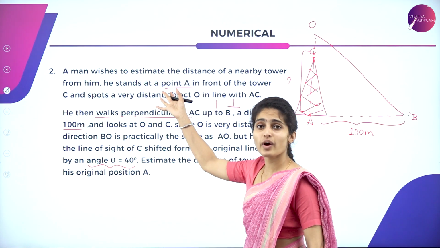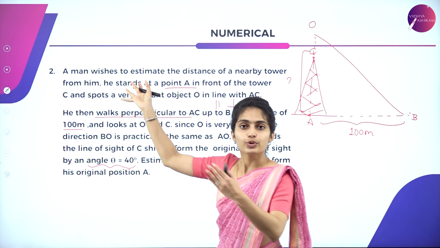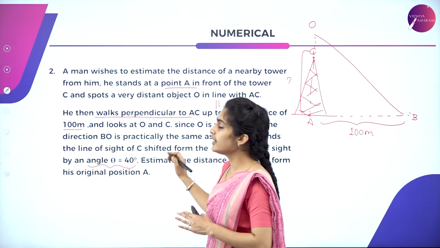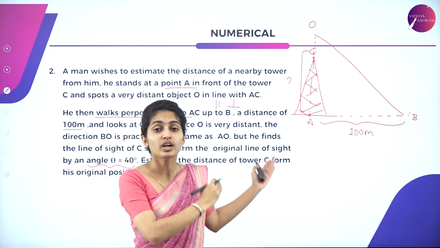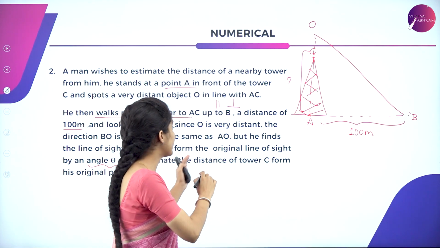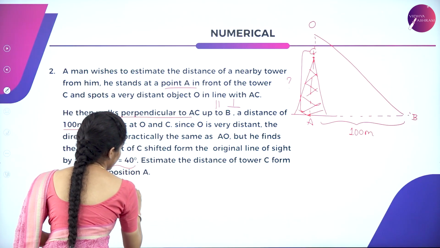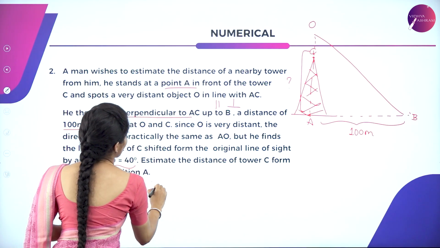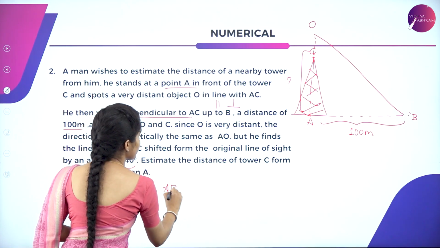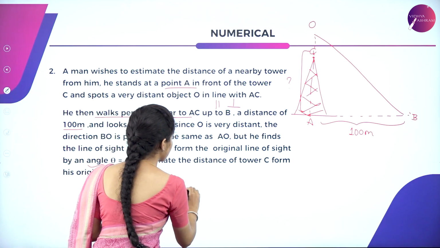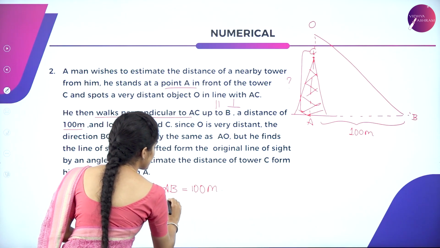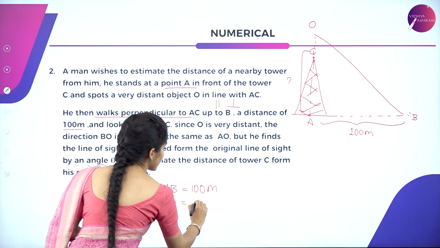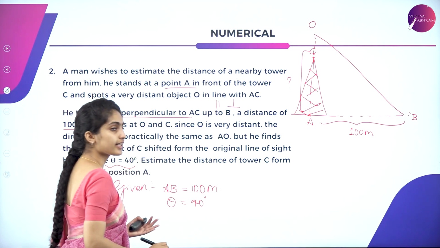It is just that you have got the question, you have read the question, underlined the main points, and written which are given. I haven't mentioned it here, but you will have to write the given terms. Given AB, the measurement, is 100 meters, and the angle which it makes, theta, is 40 degrees.